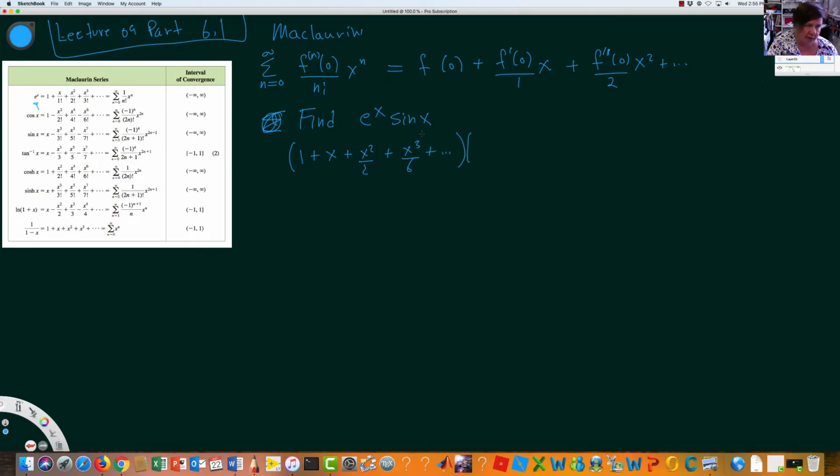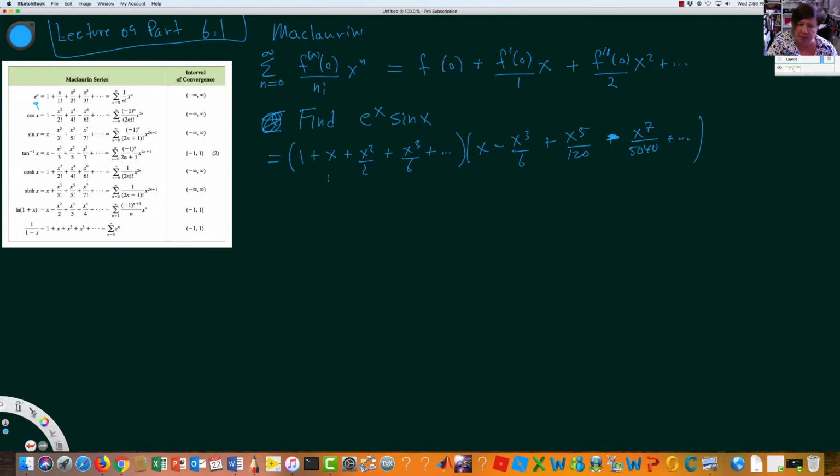And then the sine is x minus x cubed over 3 factorial plus x to the 5th over 120 minus x to the 7th over 5040, plus dot dot dot. We don't need this many terms, but now we're just going to multiply through and collect terms.